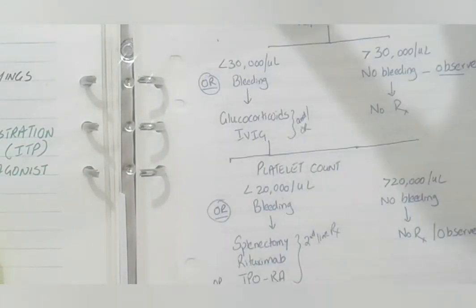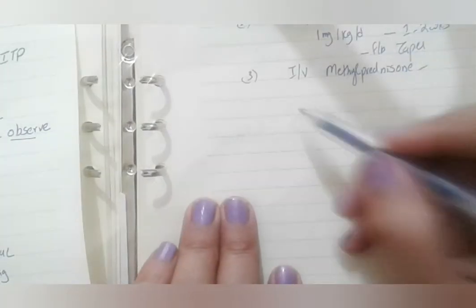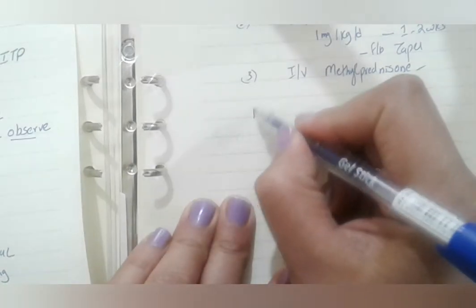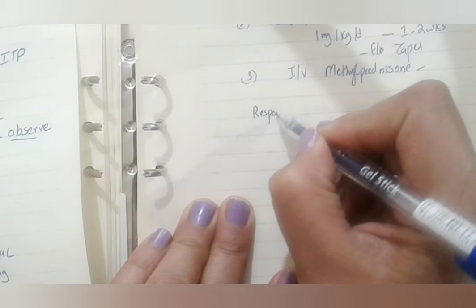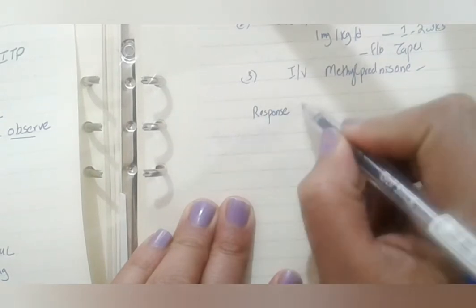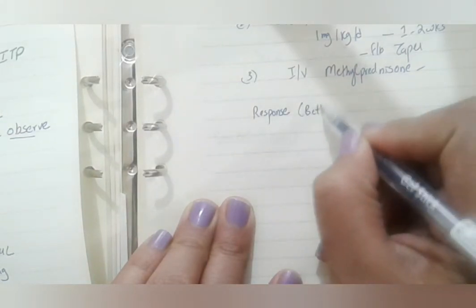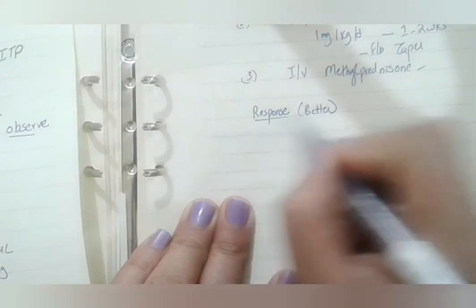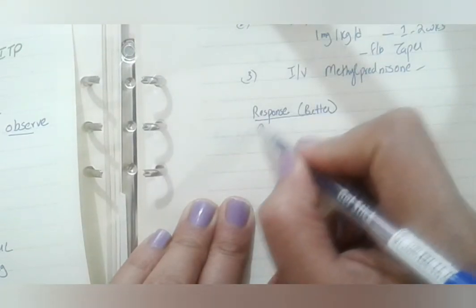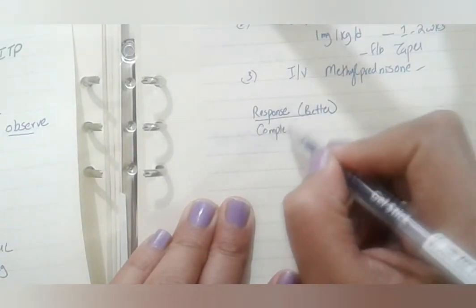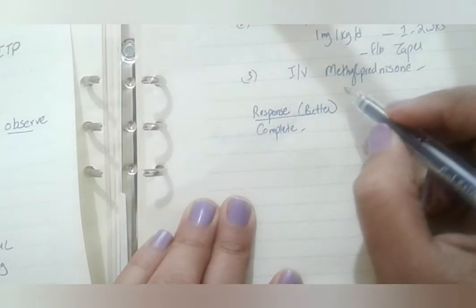Now after that you have to check the response. I hope you know what a better response is and what a good response, meaning a complete response, is. There can be a better response as per UpToDate, and then there's a complete response.